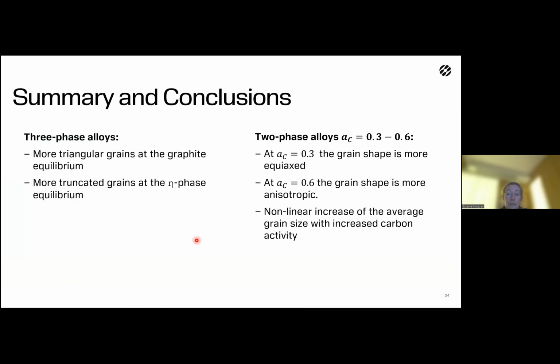So this is just a summary and conclusion of the impact of the carbon activity on the grain shape of the tungsten carbide microstructure, where you have more equiaxed grains close to the interface or up to approximately 0.6. And then you have a non-linear increase in the average grain size with increasing carbon activity.